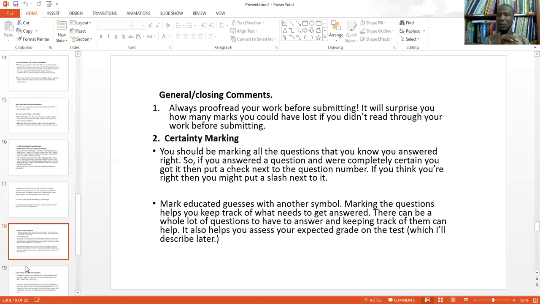It is very good that whether objective or essay test or examination, after answering, you give yourself some time to read through your work. If you are already in the habit of doing that, you see that anytime you do that, you give yourself opportunity to make a few corrections in the work.